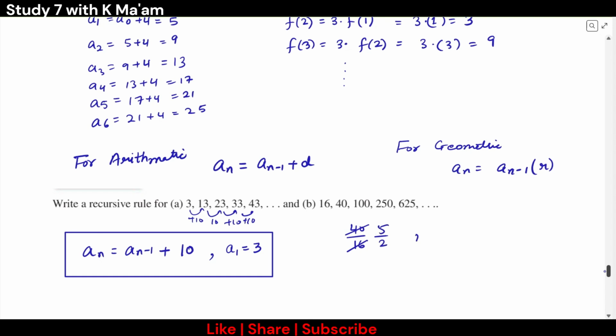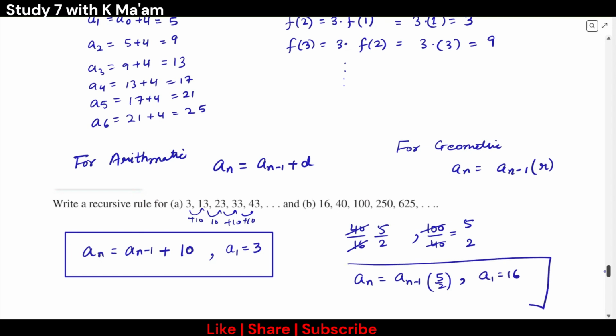So 5 by 2. 100 over 40: 20 5s are 100, 20 2s are 40. So 5 by 2 is the ratio. a_n is equal to a_(n-1) times the ratio, and the first term is 16. Here is the recursive rule.